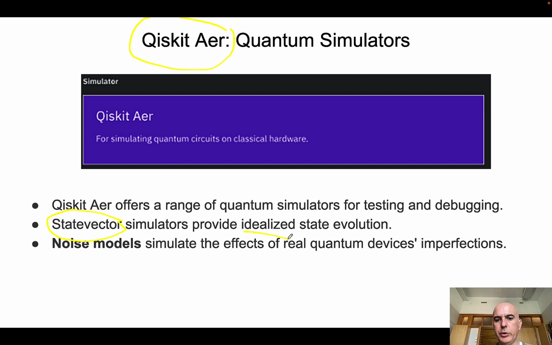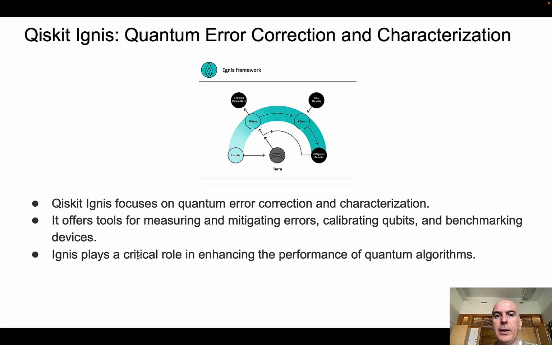In addition to this idealized simulation, Qiskit Aer also provides so-called noise models to simulate the effects of real quantum device imperfections and errors. The part related to quantum error correction and machine characterization, for instance, what T1 is and what T2 is on the machine, goes under the name of Qiskit Ignis, which is fire in Latin.